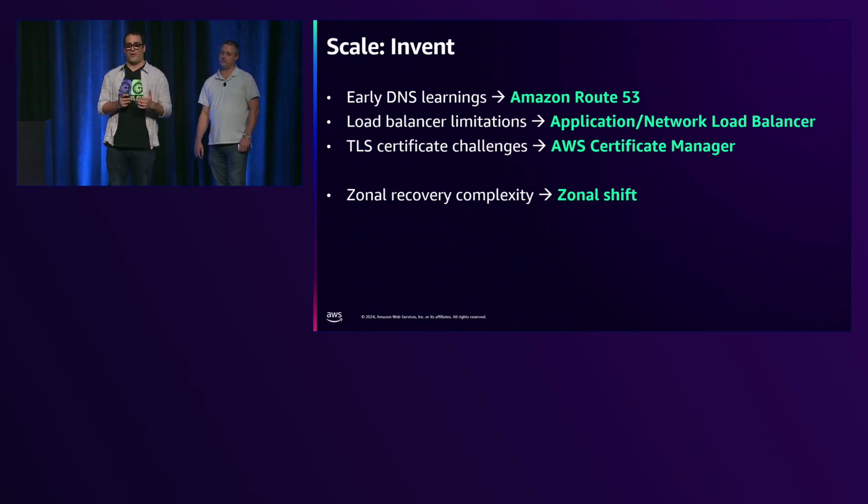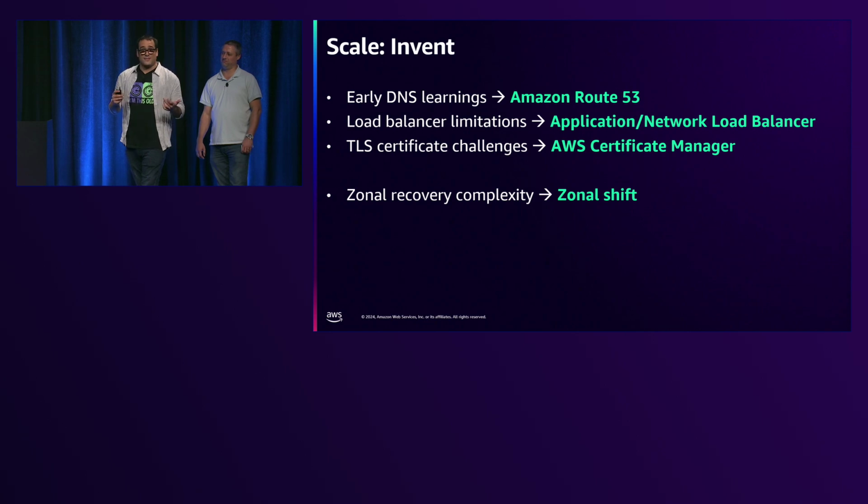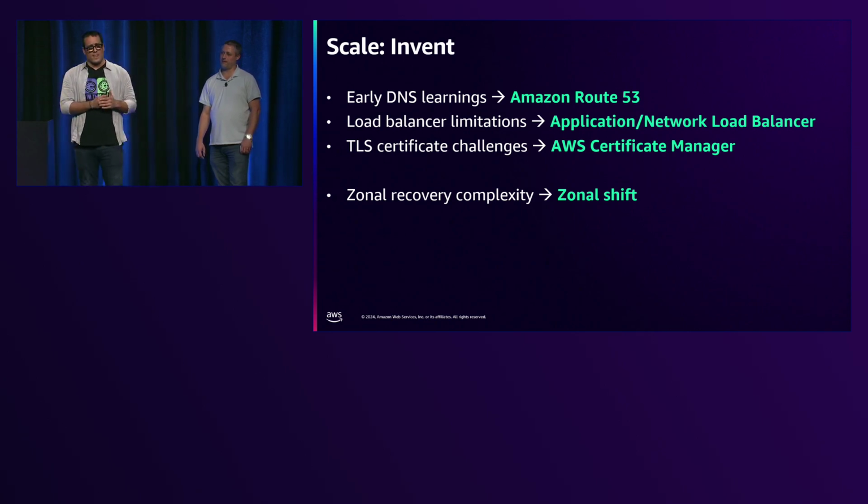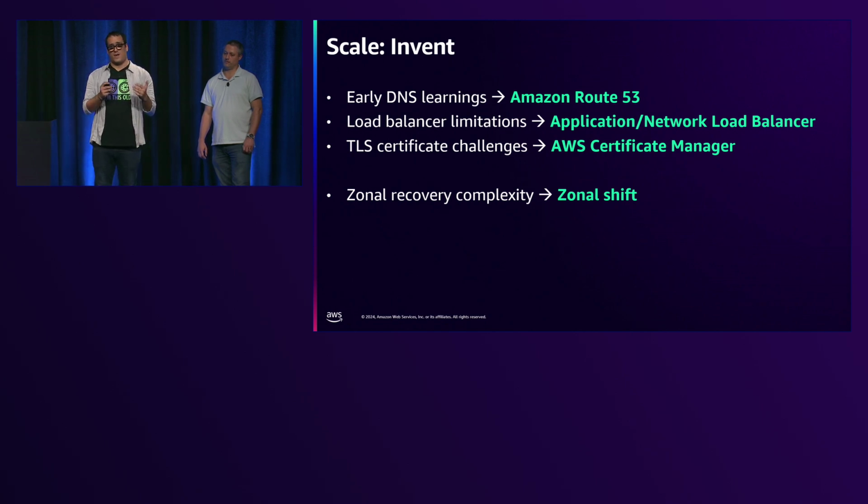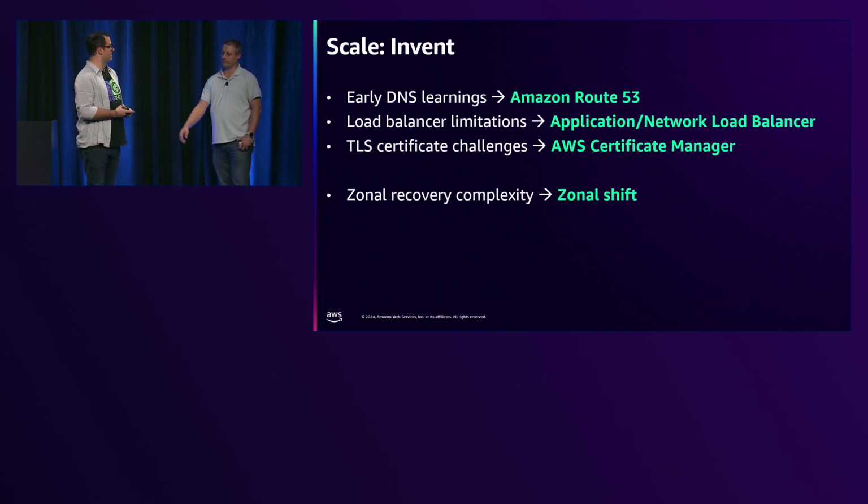You might be running a program across the entire company where there is a dedicated PM tracking in a spreadsheet that everyone has rotated certificates. We had that as well. We evolved through an internal version of what then became AWS Certificate Manager, but AWS Certificate Manager was really our final iteration, where we built a service that is a single pane of glass that allows you to track, check, and rotate certificates across the entire organization.